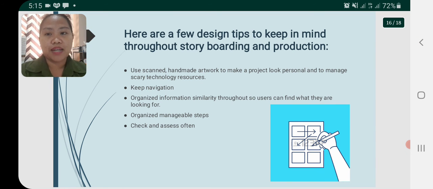Para mas maintindihan ng mga learners. Check and assess often. This is to ensure that mistakes are seen early enough and therefore can be corrected before the final product is produced. So, yun. Kailangan natin mag-ingat sa mga mali para mas maging maayos ang ating final product, 'di ba?